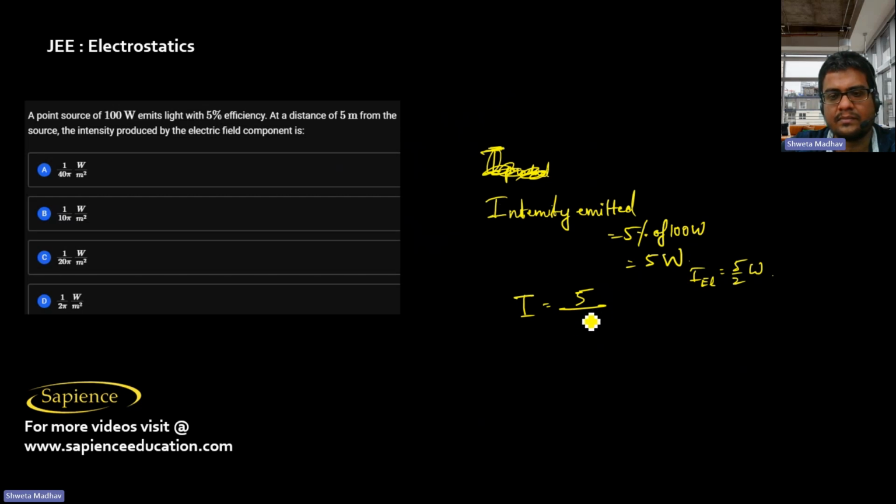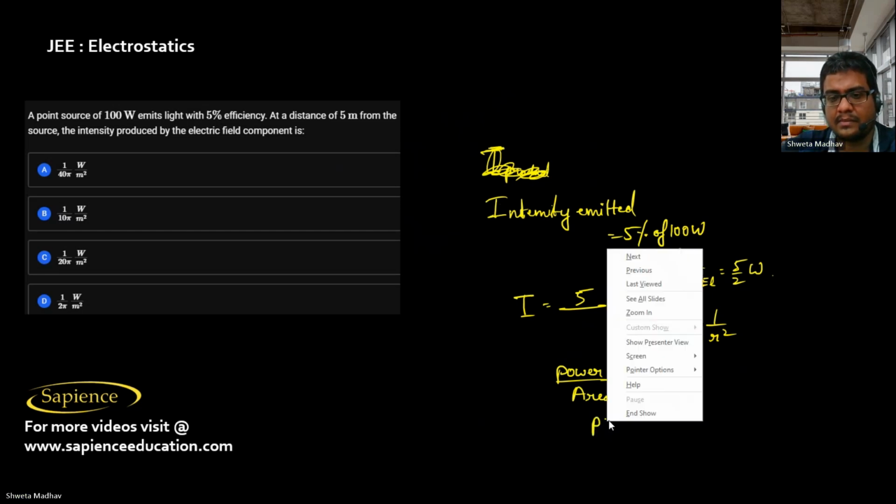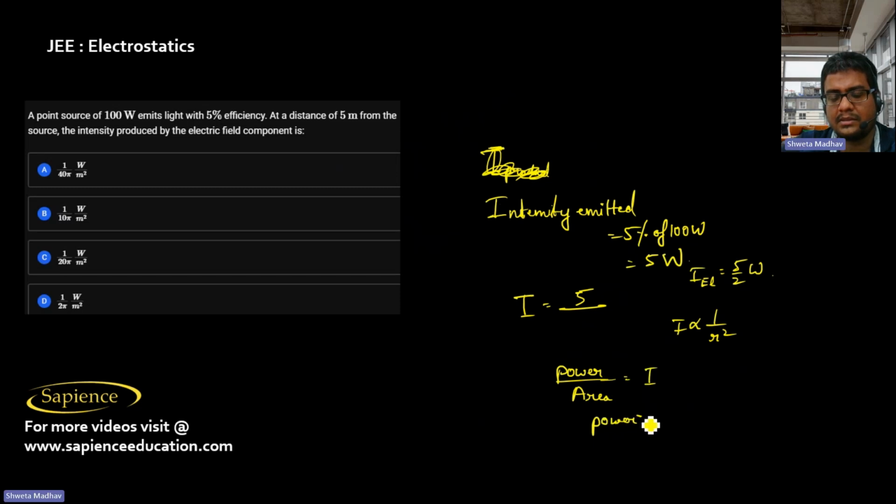The intensity will vary as 1 by r square. We know that intensity is power by area, so the power that is emitted is equal to intensity into area.